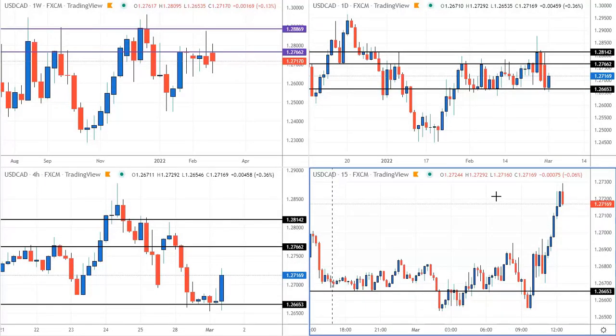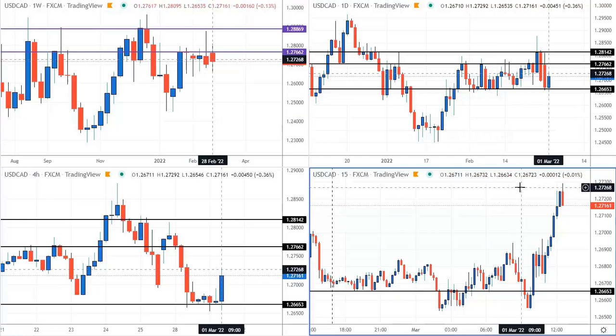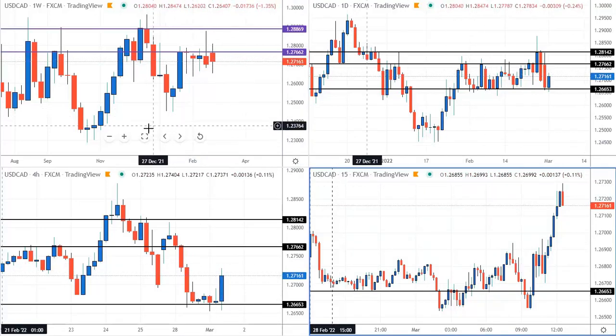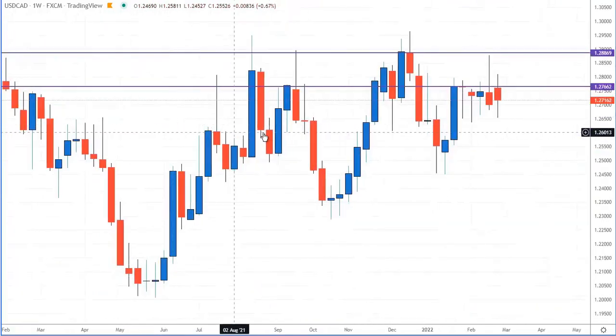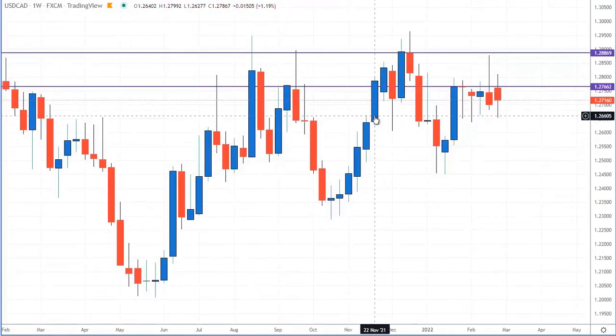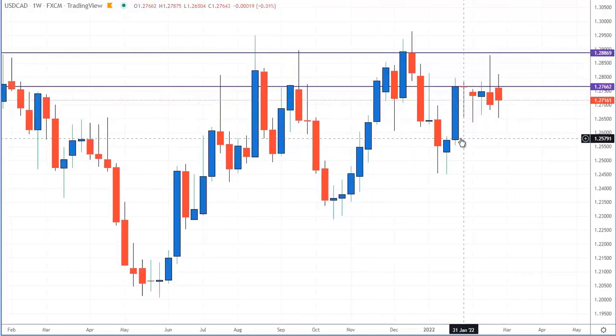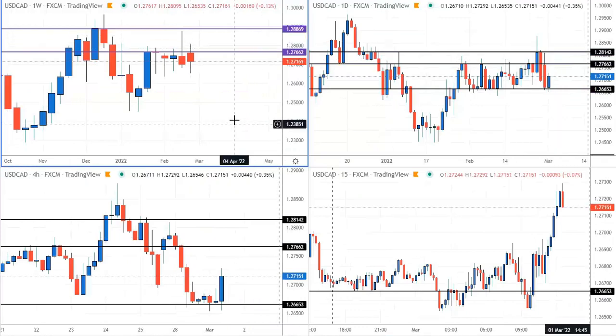So let's go over this trade on the US Canadian dollar pair and the surrounding factors that are things you should be aware of. If you look at this trade on a weekly chart, which is here, and this is really good for getting context about what's going on, this prior week was a big pin bar reversal, so that might make you a little reluctant to be going long.